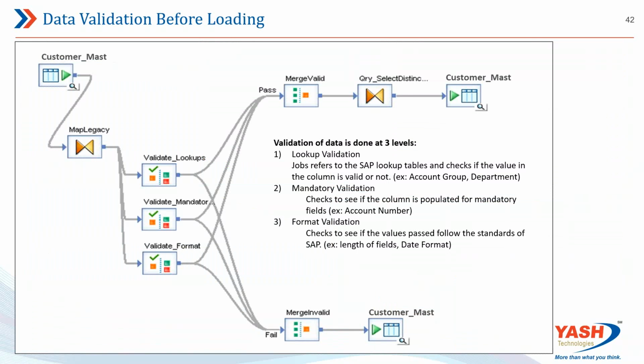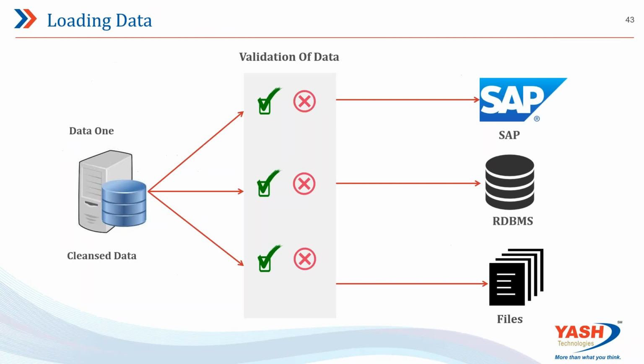And finally, before the entire data loading is done, detailed validation is done by defining lookups against the target table, so no duplicates get into the target system. There are mandatory validations to look for mandatory fields, and formats are checked for proper standards that have to be met. So after final validation, the data can be loaded.